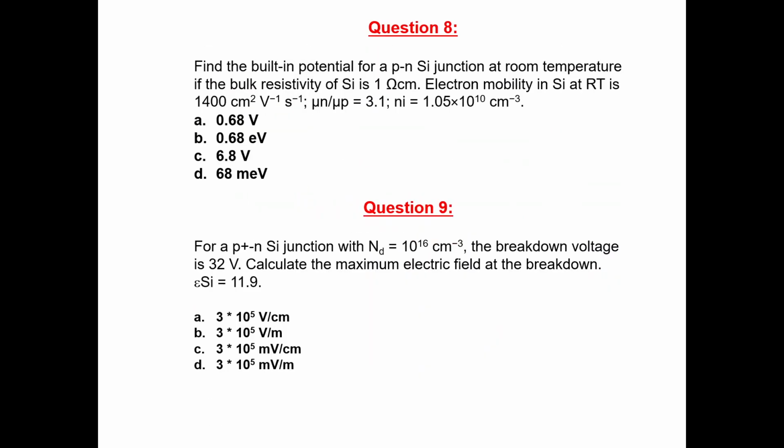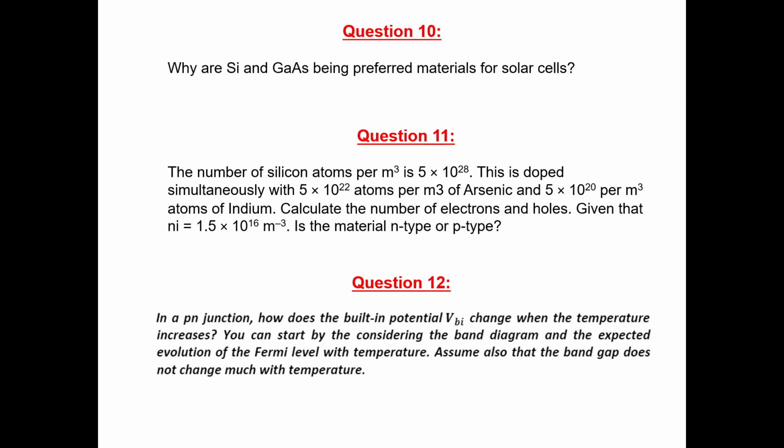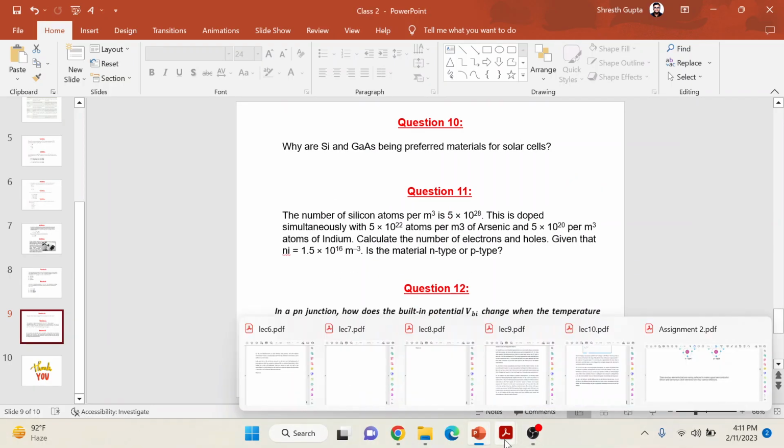Okay, so what is Fermi level energy? Basically, when there is a conduction band and a valence band, let me show you this figure.